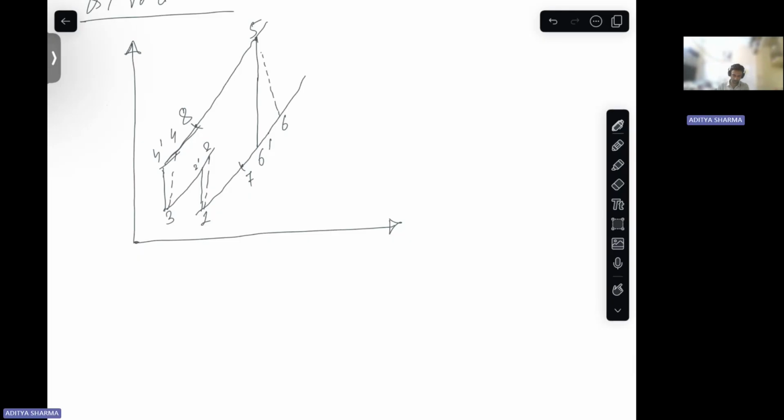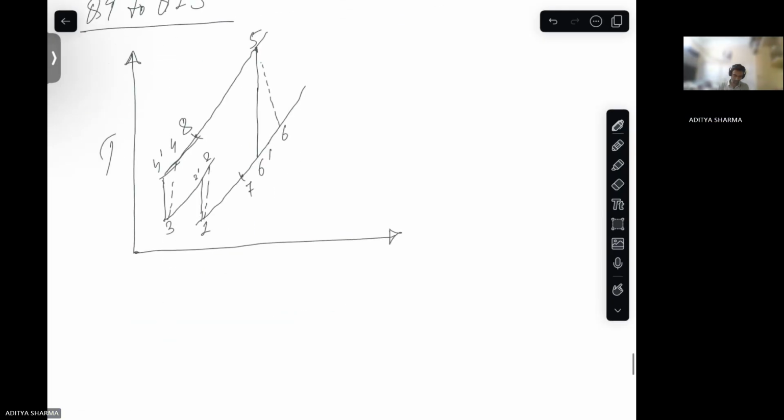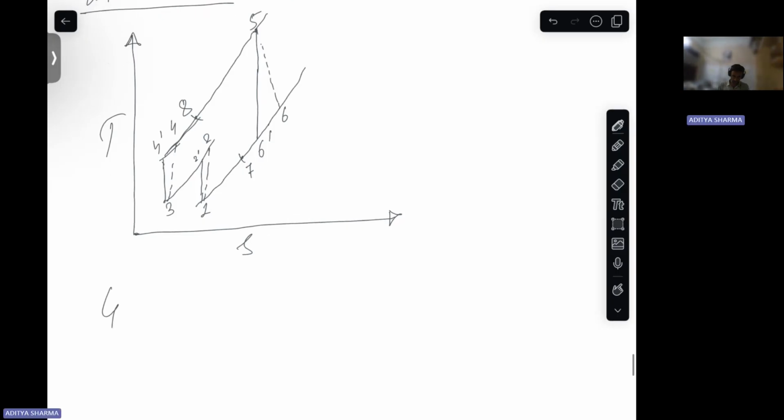Then what is given to us? Let's jot that down.